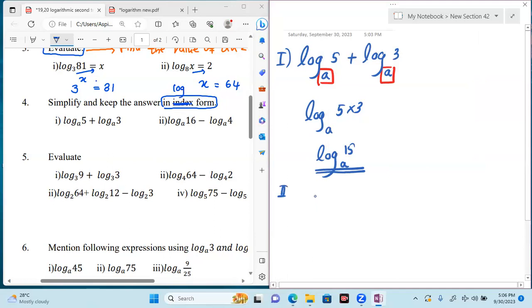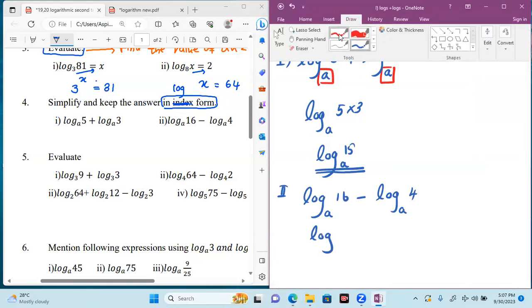Second one: logarithm of 16 to the base a subtract logarithm of 4 to the base a. You can see here it is a subtraction. That means the difference of two log terms to the same base.